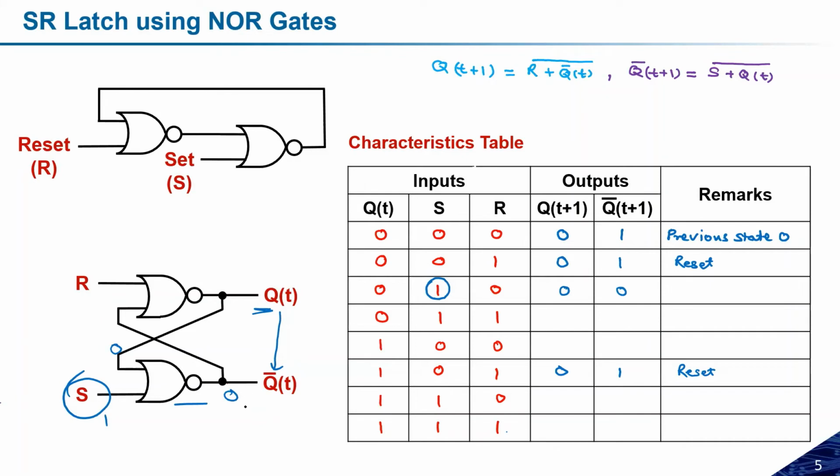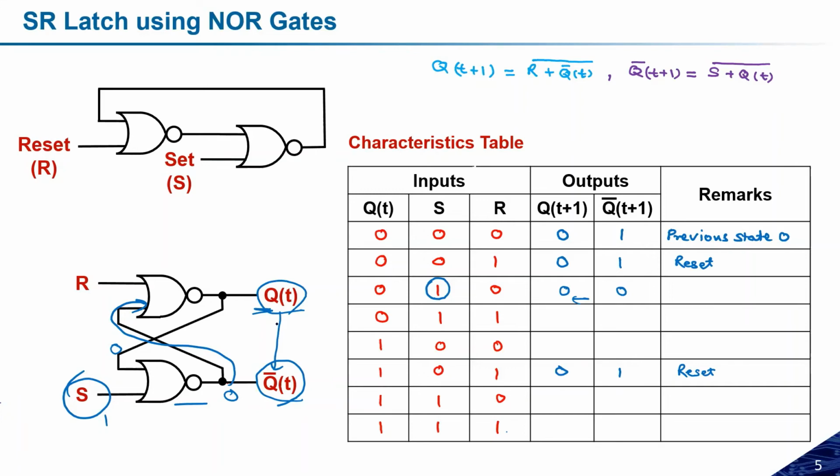Because we are getting 0 0 at both outputs, this is not actually possible, because Qt and Qt bar are complementary in nature. So it will first wait for Qt bar to reflect. Once Qt plus 1 bar is reflected, that will be considered as an input for the second one, and then Qt will come out. Because it is not following the complementary rule, these are some of the problems. To overcome that problem, we need to change the design.